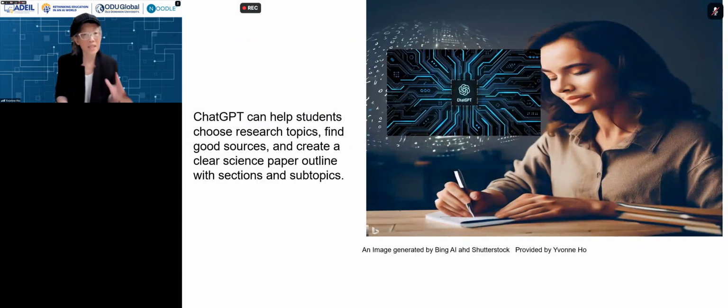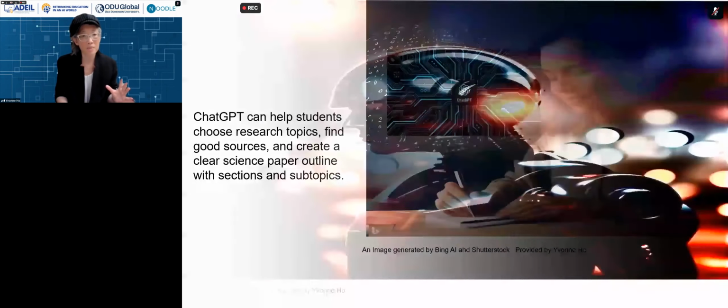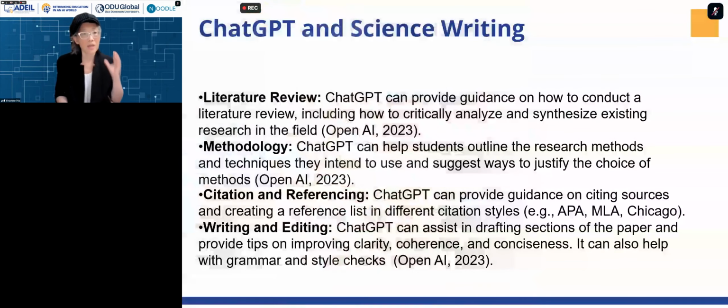So ChatGPT can help students choose research topics, find good sources, and create a clear science paper outline with sections and subtopics. And so here, ChatGPT can help with literature review. It can critically analyze and synthesize existing research in the field. However, ChatGPT has limited access to paywall stuff that's in databases in an online library.